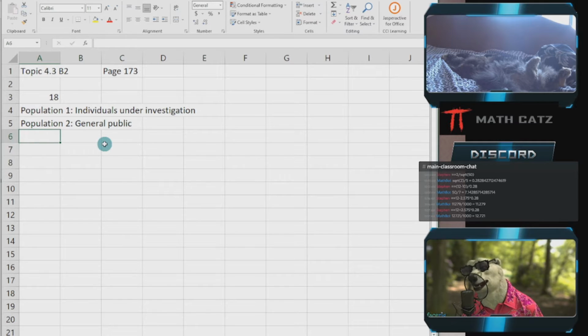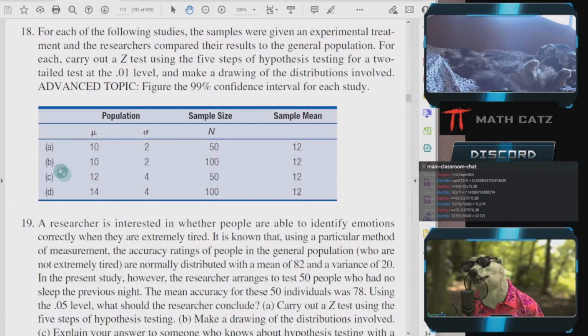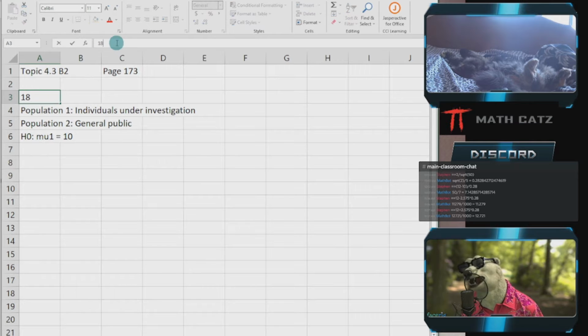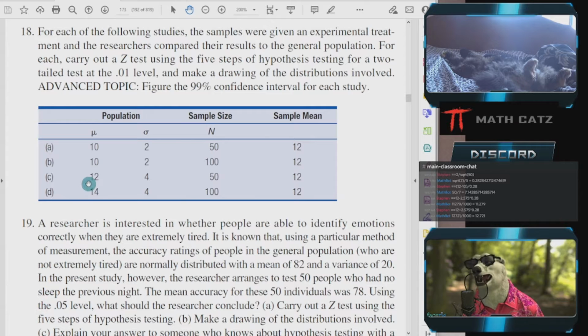And then our null hypothesis will be, I don't want to worry about math symbols here, so I'm just going to write mu1 being equal to the general population mean of 10. If I look at my table here, we're doing C. Let's highlight that. 18C. If we look at C, they have a population mean of 12.